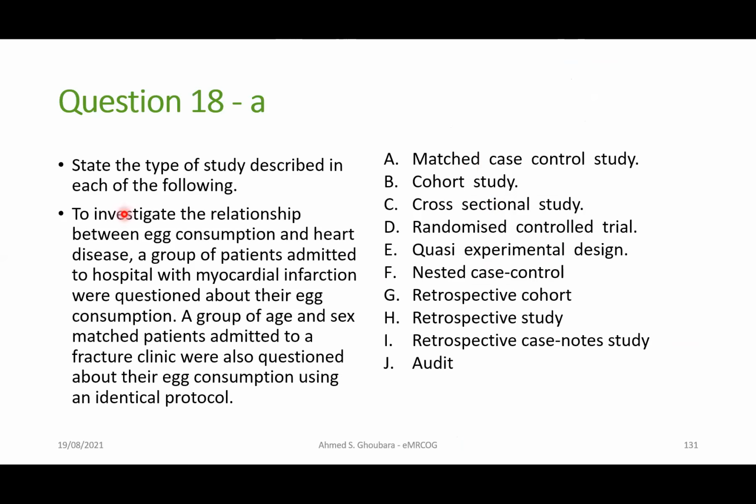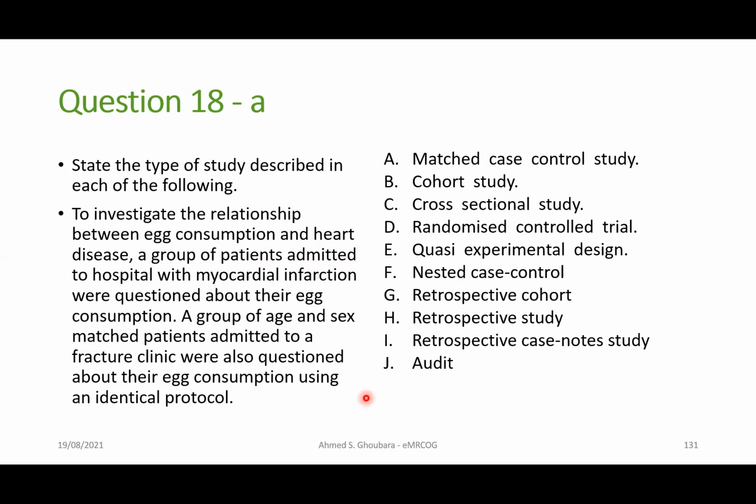Okay, so you investigate the relationship between egg consumption and heart disease. A group of patients admitted to the hospital with myocardial infarction were questioned about egg consumption. A group of age and sex matched patients admitted to the fracture clinic were also questioned about egg consumption using an identical protocol.